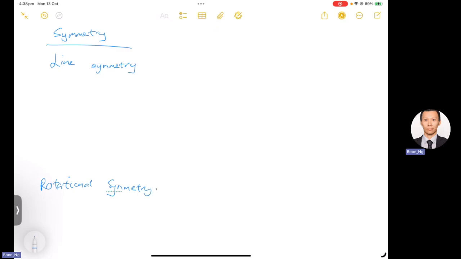For line symmetry, it will have a line of symmetry, which is a mirror. So, for example, you have a shape like this.